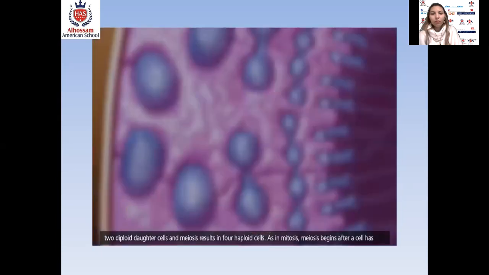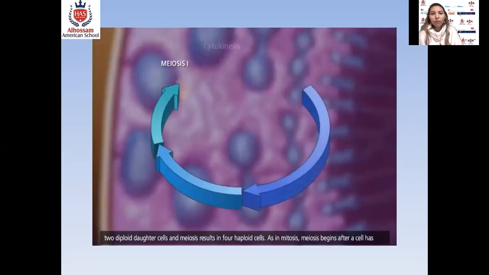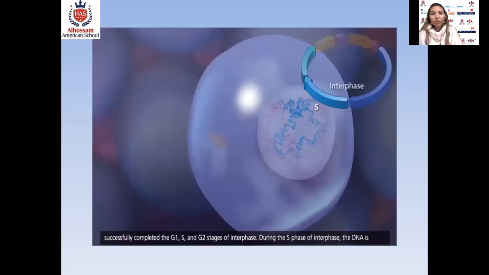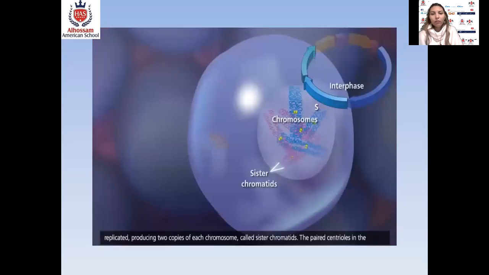As in mitosis, meiosis begins after a cell has successfully completed the G1, S, and G2 stages of interphase. During the S phase of interphase, the DNA is replicated, producing 2 copies of each chromosome called sister chromatids.